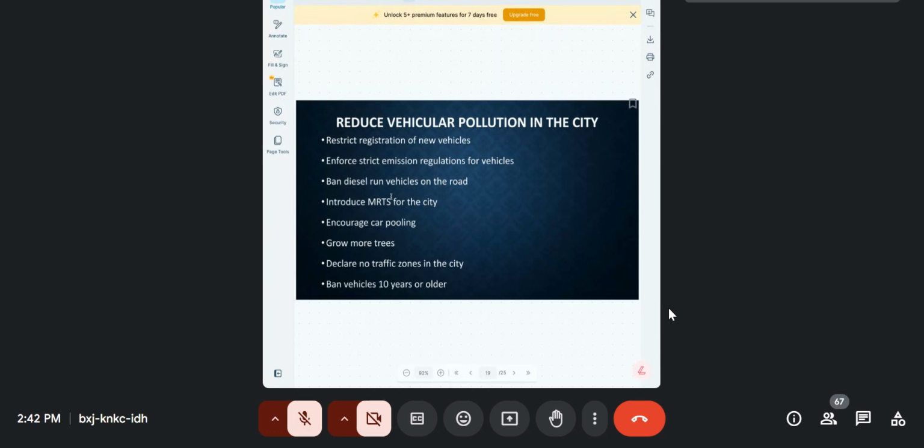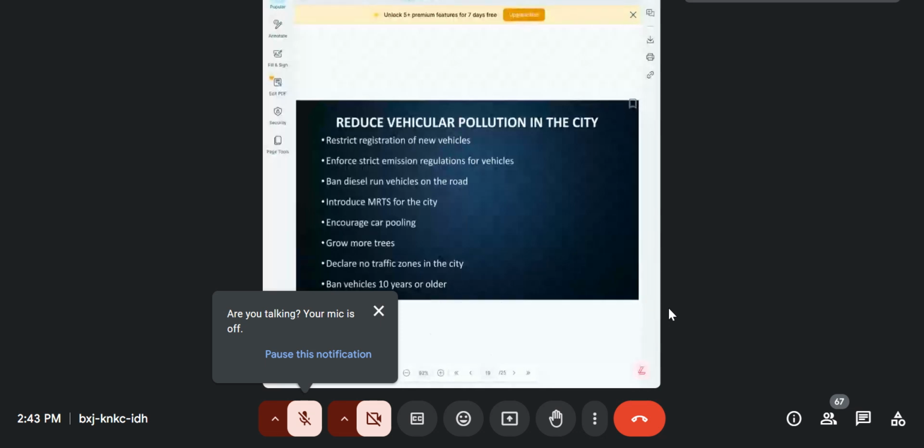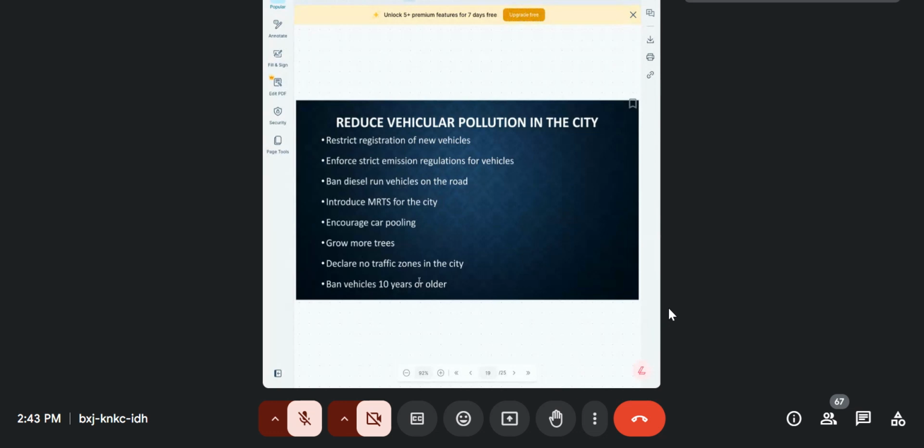There are others that you can actually consider, such as encouraging the use of electric vehicles and so on and so forth. But let's for now assume that these are the 8 projects that have been proposed.